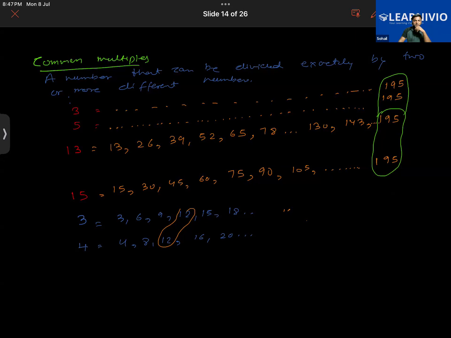No, it's common multiple. For the common multiple, we haven't noted the definition yet. But for me, it's written here. It's written already. The definition, the one that's written in the blue.